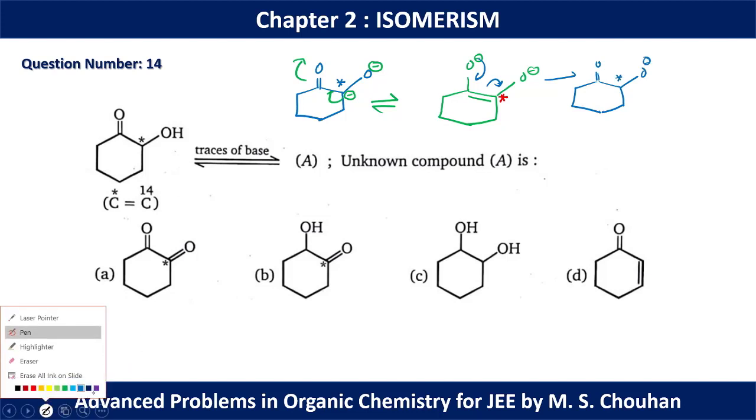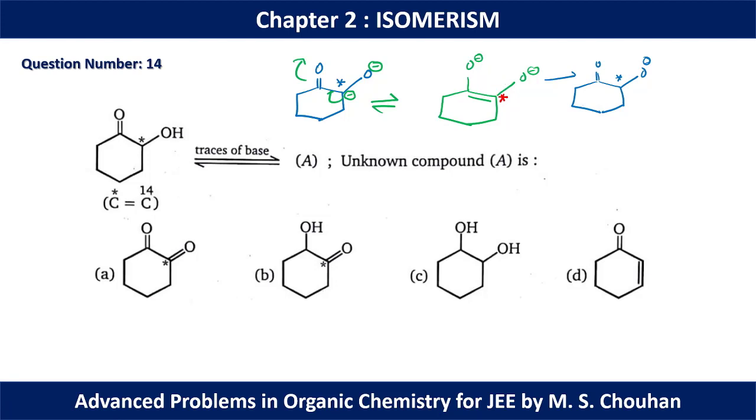But in another case we can draw this kind of thing with a star in this position. Okay, so in this case we have two forms in equilibrium. So for question number 14, the correct option is option B.